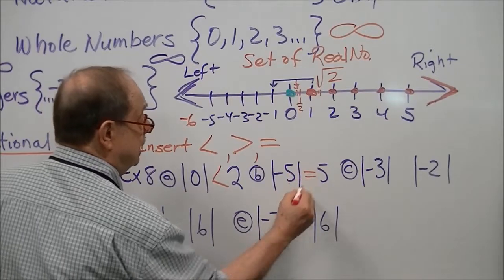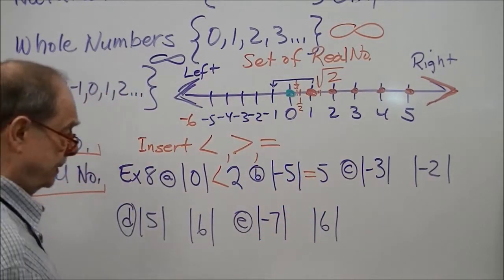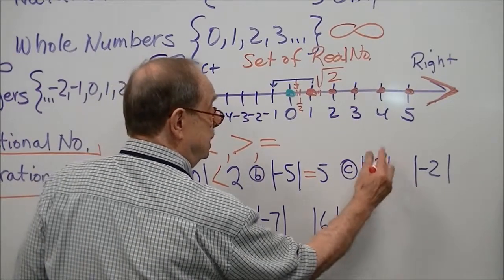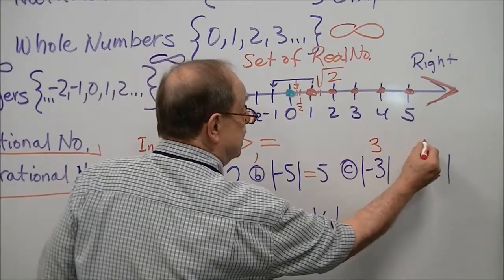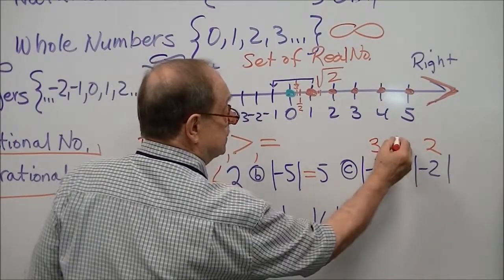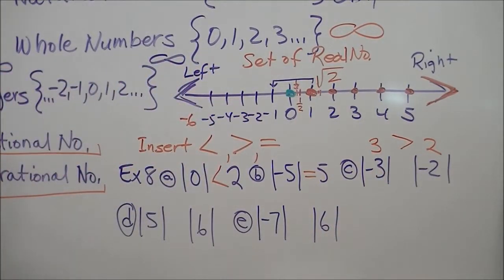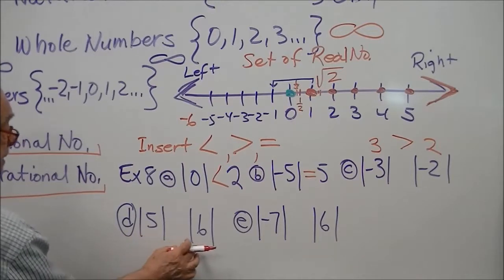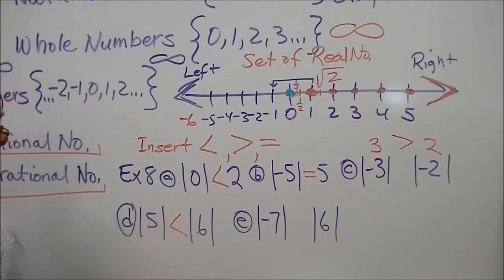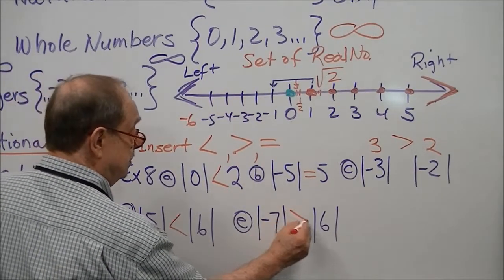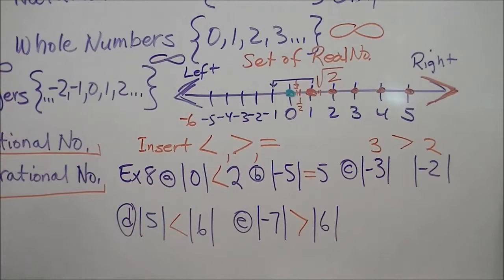So 5 equals 5. The absolute value of -3 is 3. And again, you can write these out if you like. So this would be greater than. And 5 is less than 6. And again, this is a +7 is going to be greater than 6.